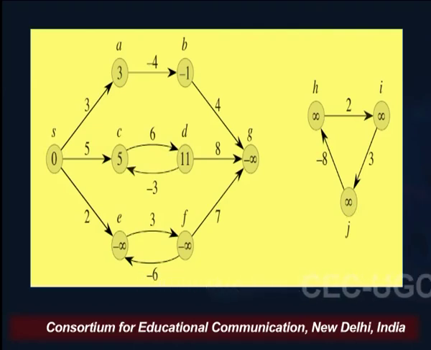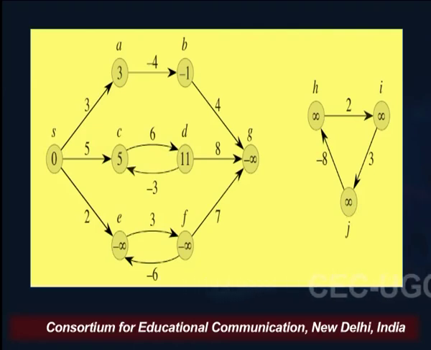Please recall that a few minutes before we discussed that if the vertex V is not reachable from U, that means there is no path from U to V. So, if I consider my source vertex as S, there is no path from S to H, or even S to I or J for that matter.